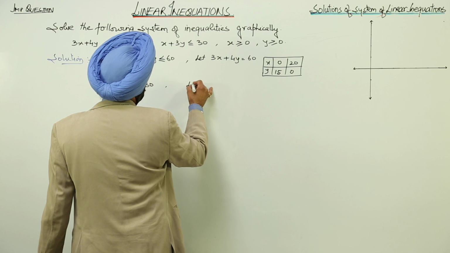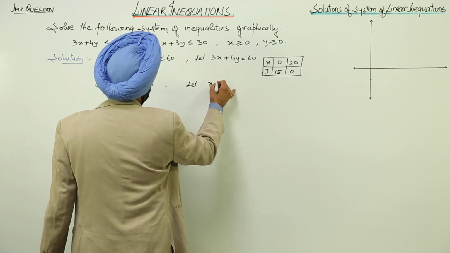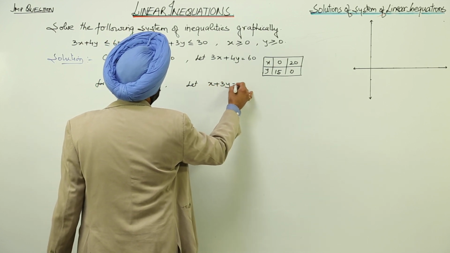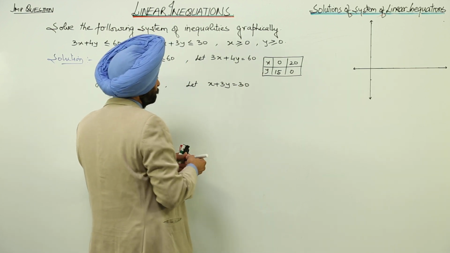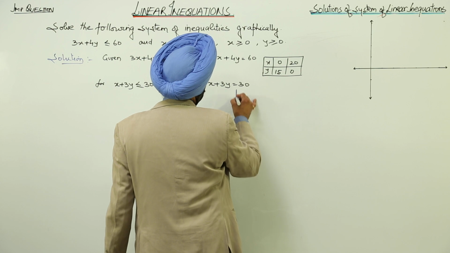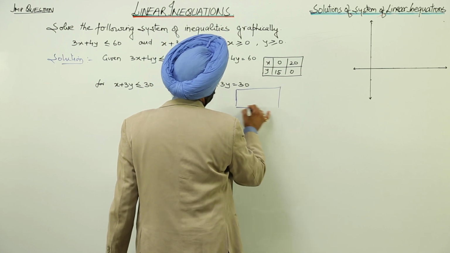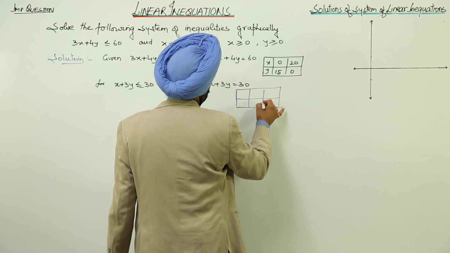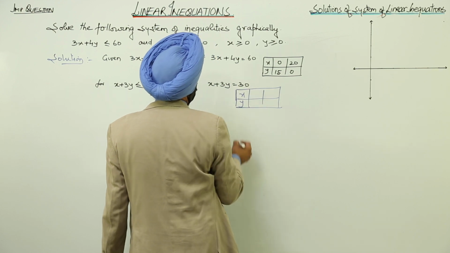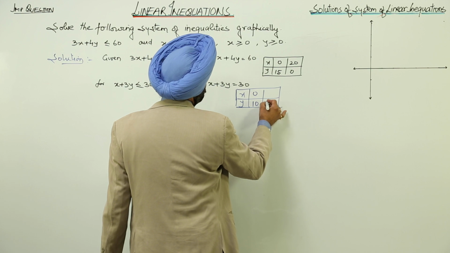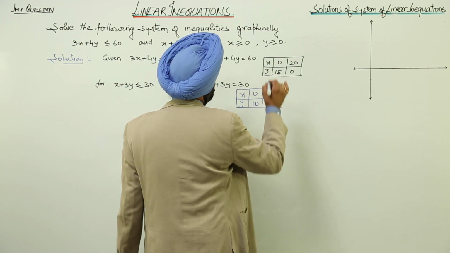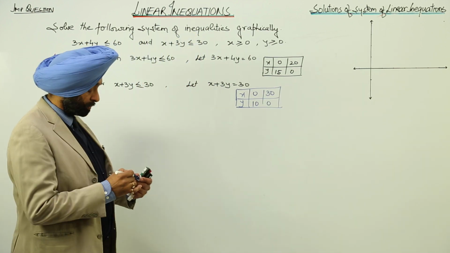Now let x plus 3y is equal to 30. Now for this, when x is 0, y is 10, when y is 0, x is 30.